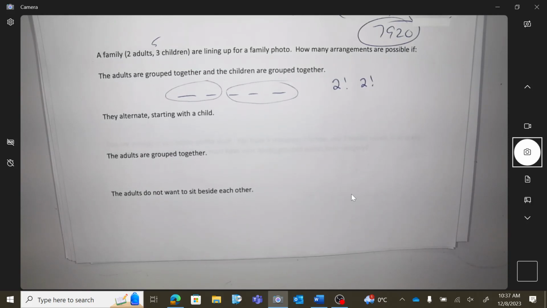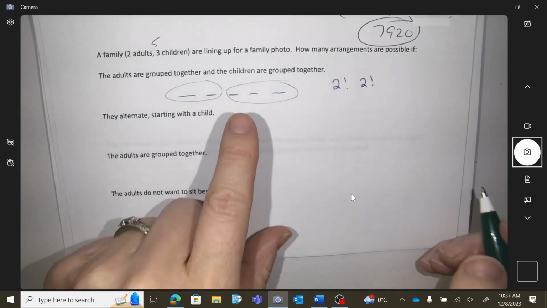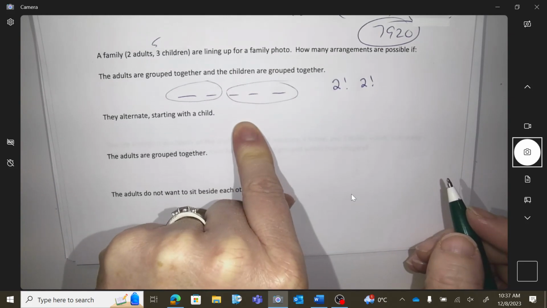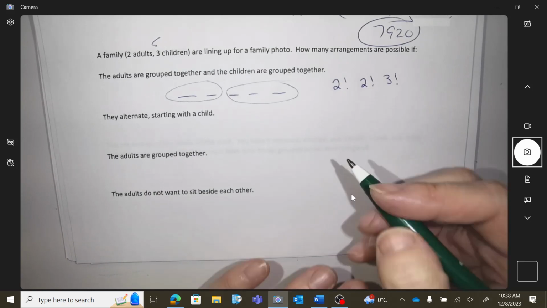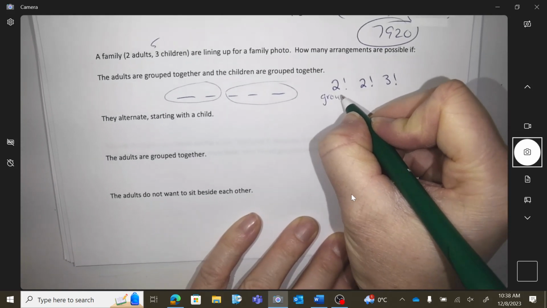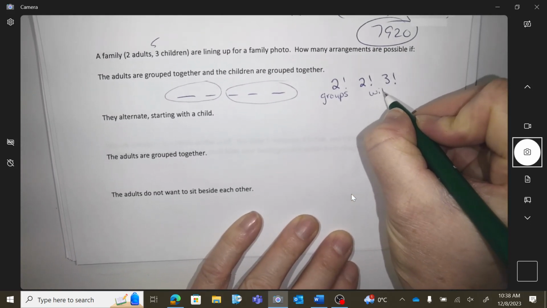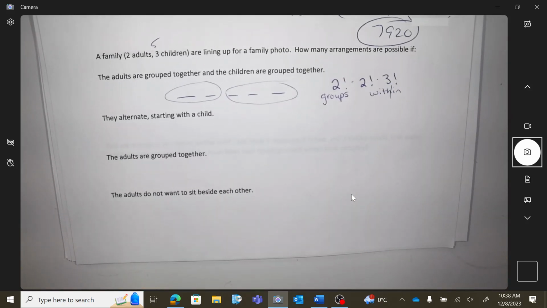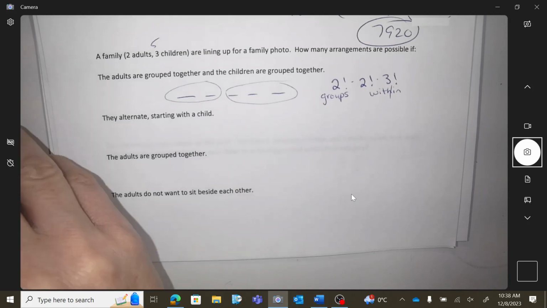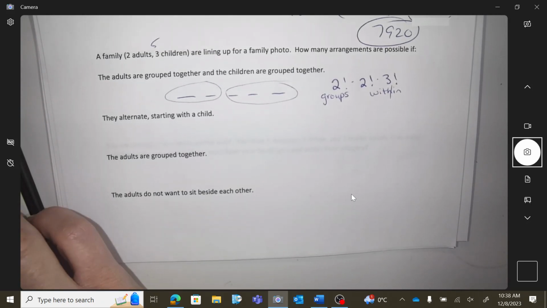Mom, dad, dad, mom, right? I could flip them around. What could the children do beside each other? So this is how many groups you're moving around, and this is what's happening within the groups.